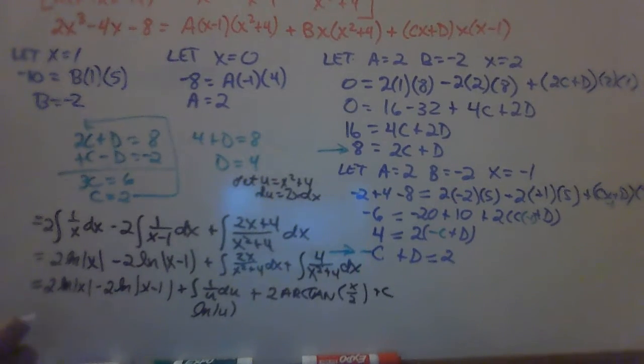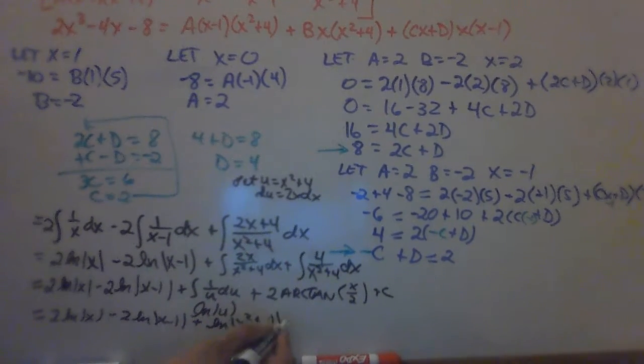And so then I just need to put my x squared plus 4 back into this. 2 natural log absolute value of x minus 2 natural log absolute value of x minus 1 plus natural log of the absolute value of x squared plus 4.